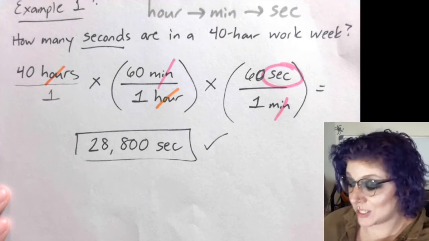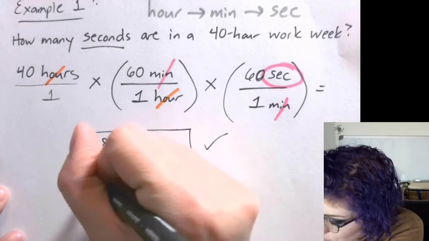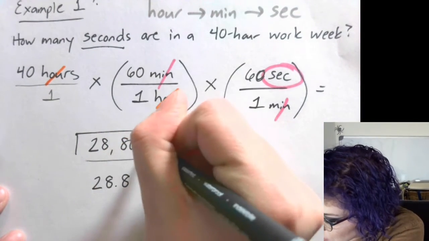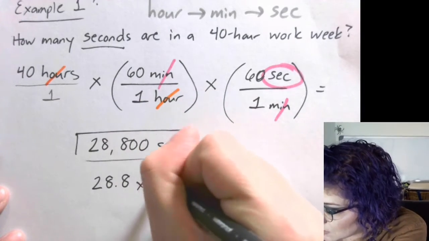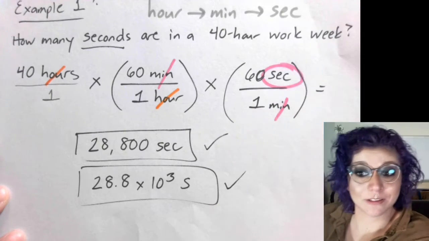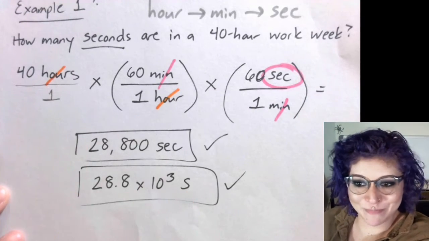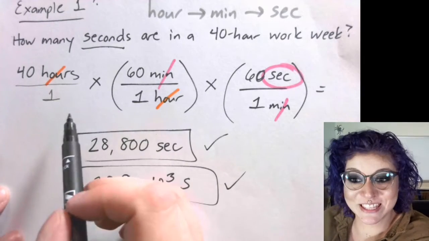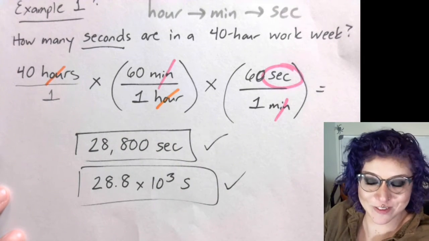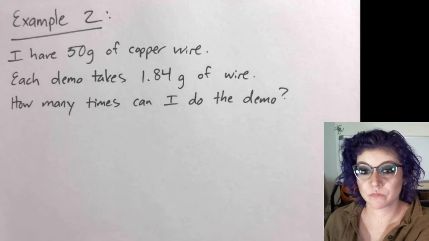I saw your work process. If you wrote it in scientific notation, so 1.23 times 10 to the 3 seconds, this is also valid. The sig figs here, that's not the important part. For me, it's that you use the correct conversion factors. So these are both totally fine answers.